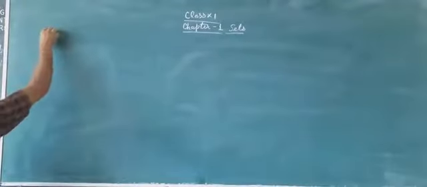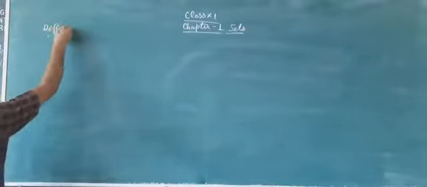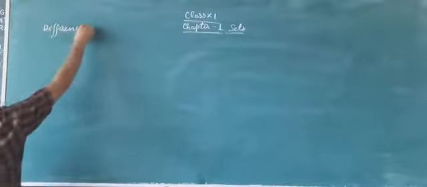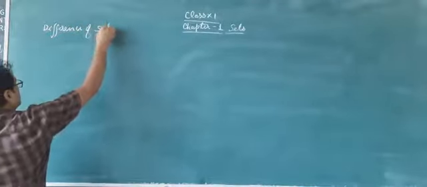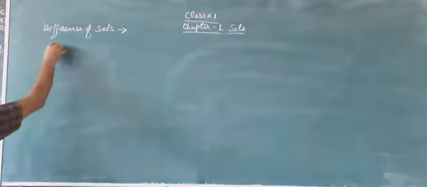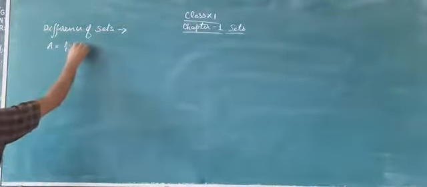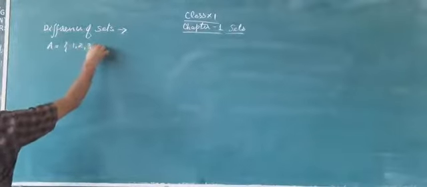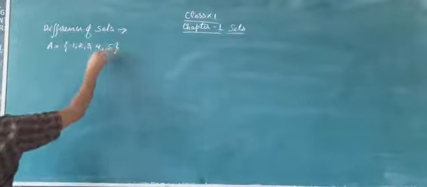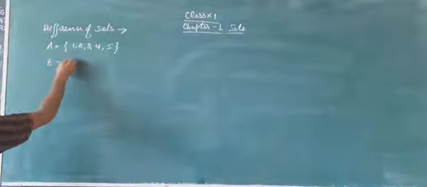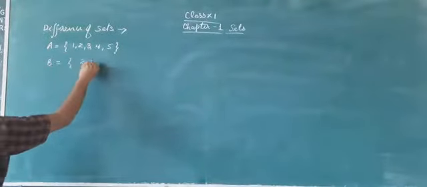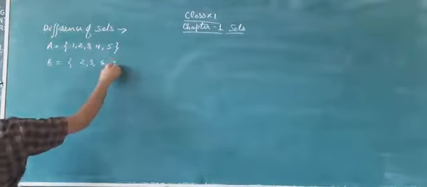So difference of sets. Suppose A is equal to 1, 2, 3, 4, 5 and B is equal to 2, 3, 6, 7.